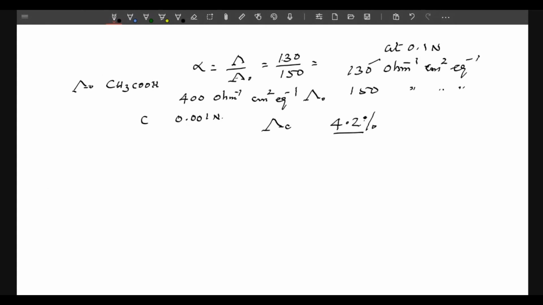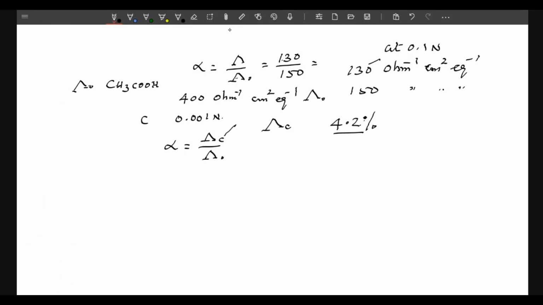You know the relationship, you are just going to put in the values. What is the relationship between the degree of dissociation and conductivity? Alpha is equal to lambda C by lambda naught. Only three parameters, two would be given and one would be asked.